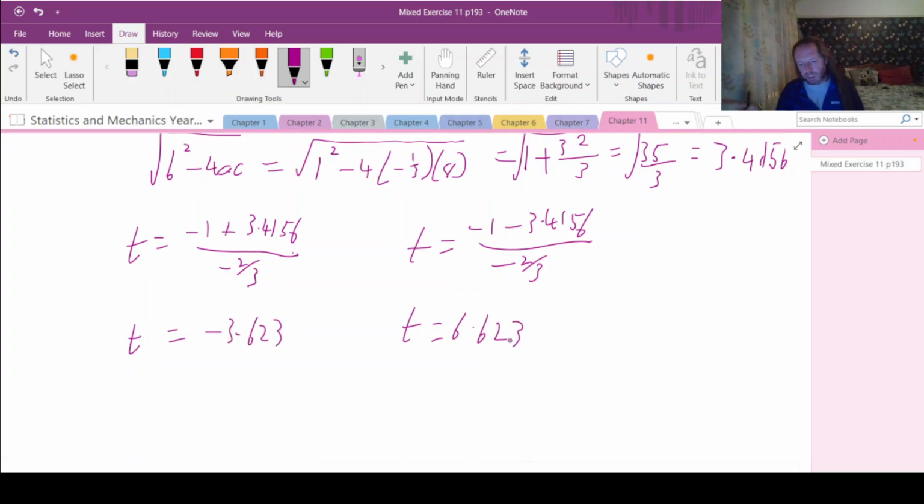We know it's 4 seconds until it stops, and then it starts coming back. So yeah, disregard the negative one. There's your answer, 6.62 seconds. Oh, 3 significant figures. Okay, 6.62.